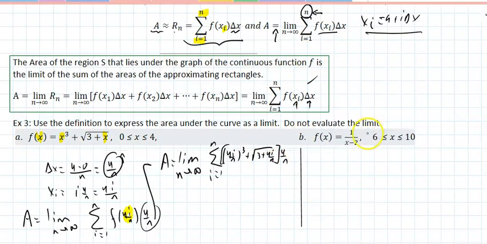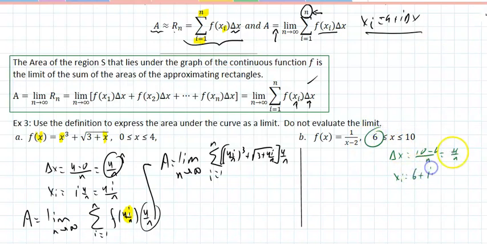How about this problem? Well, part B, delta x is b minus a over n. That is 4 over n. That didn't change. X sub i is the starting point plus i times delta x. So what is f of x sub i? Do the whole thing. That is 1 over x sub i, this mess: 6 plus 4i over n minus 2.